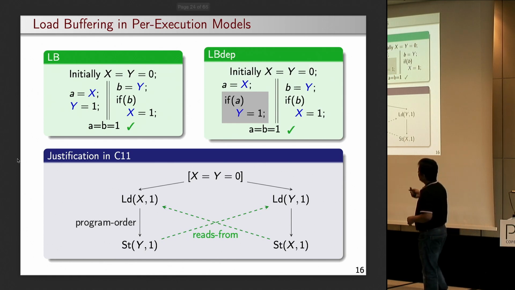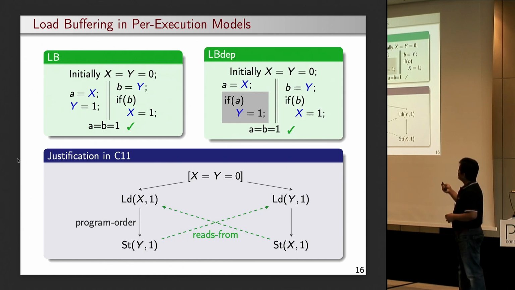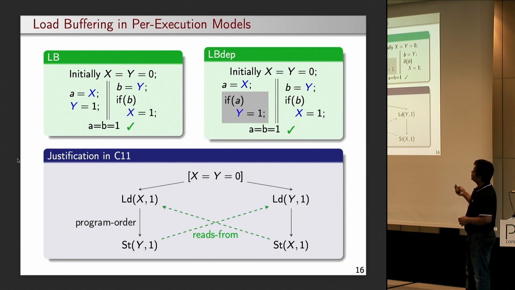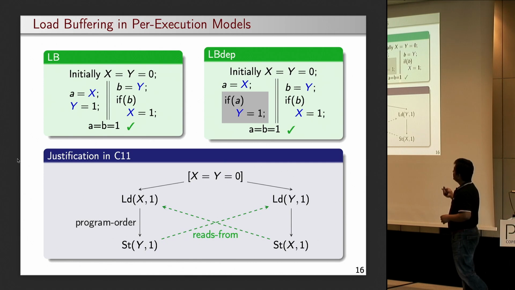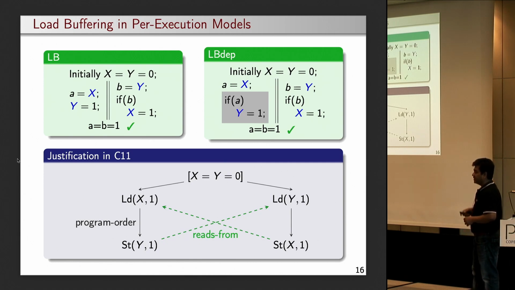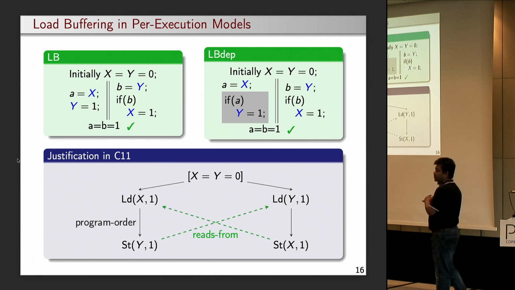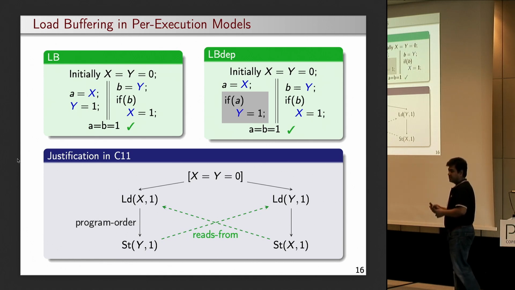However, if you think of just a variation of the program, in the first thread we also say if A equal to 1, then Y equal to 1, along with the second thread. Now, this program should not have any outcome with both A and B equal to 1, because no hardware or compiler optimization can result in this behavior.